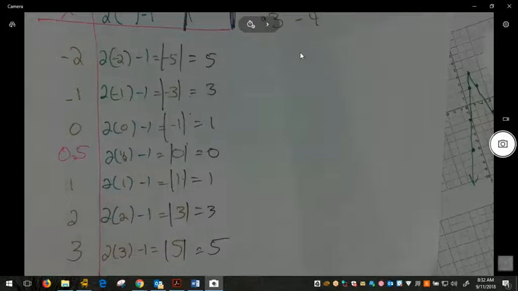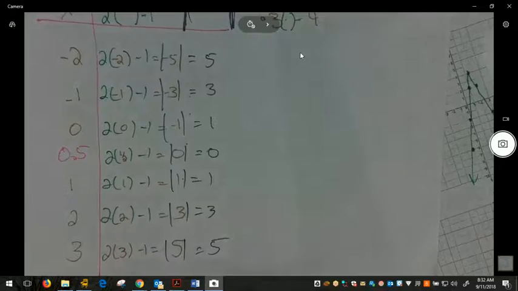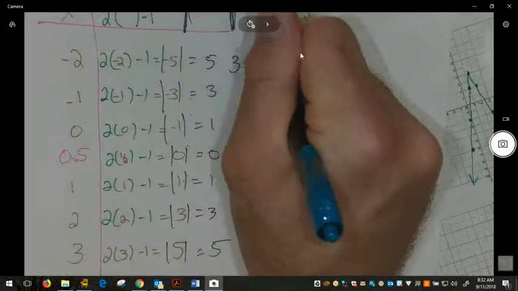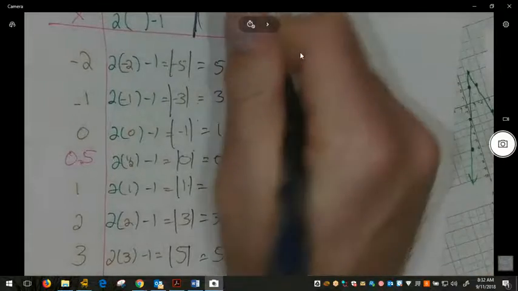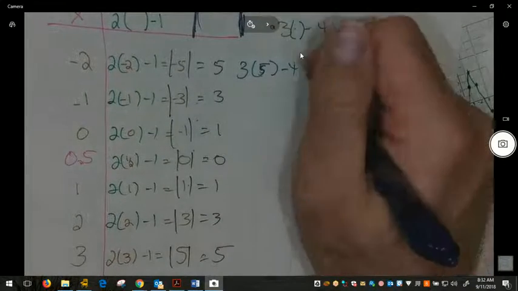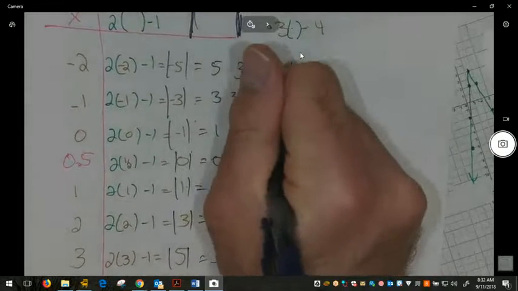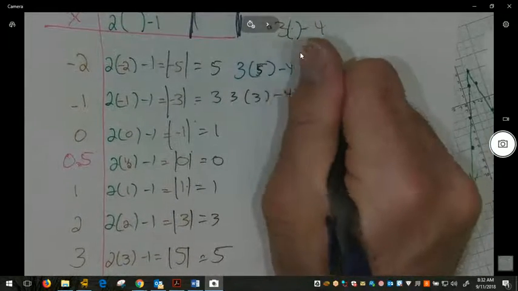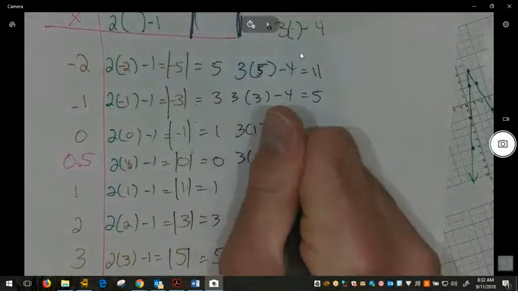Now we take each of these numbers and multiply them by 3 and subtract 4. So 3 by 5 is 15. 15 minus 4 is 11. Not going to fit on our graph. That's okay. 3 by 3 minus 4, that's 9 minus 4 is 5. 3 by 1 minus 4, 3 by 0 minus 4.